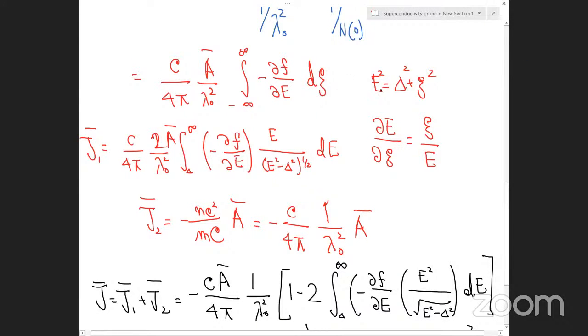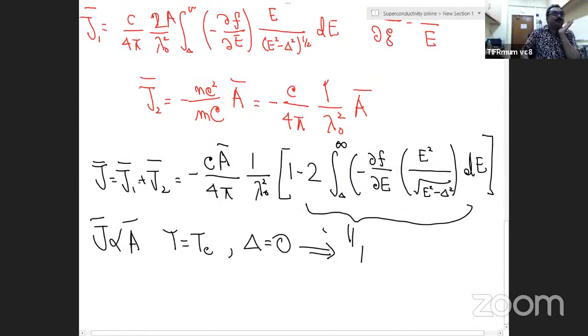All right. Now, there is a further interpretation here, and this interpretation is extremely potent. So, J, in the case of the London equation, what I had derived was J proportional to A. But if you go back to your equations and see, what we had derived is this.